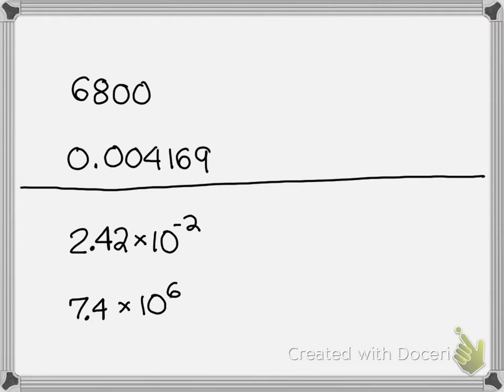So on the first one, write these in exponential notation, and the second one, write those in standard notation. You can pause the video because I'm going to do the answers right now.